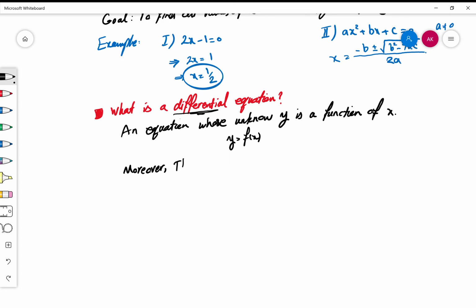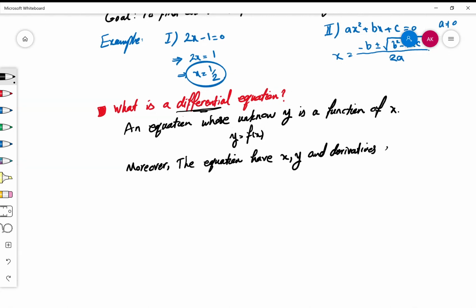The equation has x, y, and derivatives of y. So first derivative, second derivative, and so on. Let me just write an example here. You'll see, for example, an equation of this one.